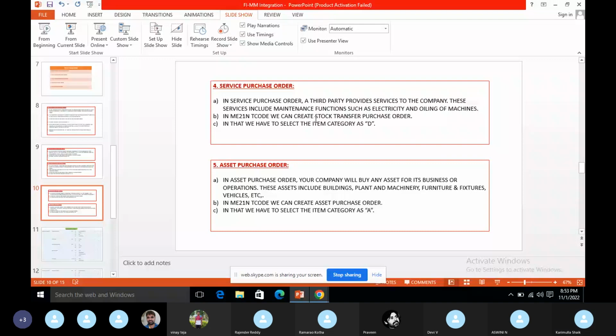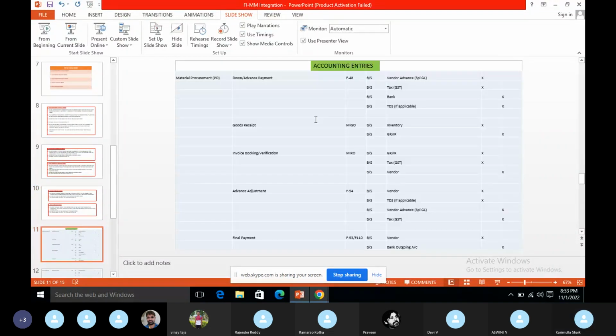Coming to general entries which get posted. If it is material procurement, I have mentioned here down payment.